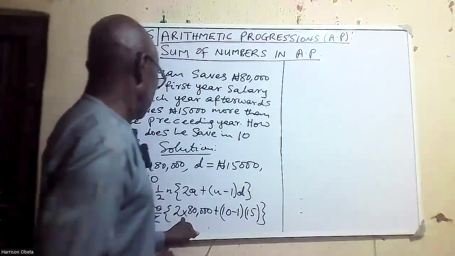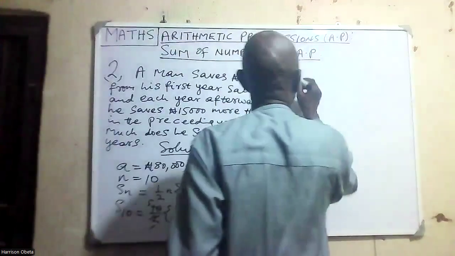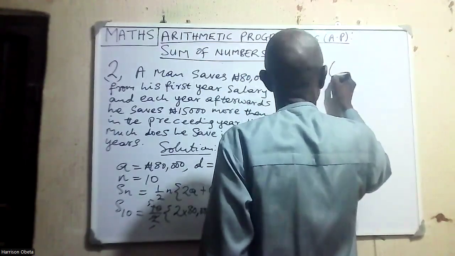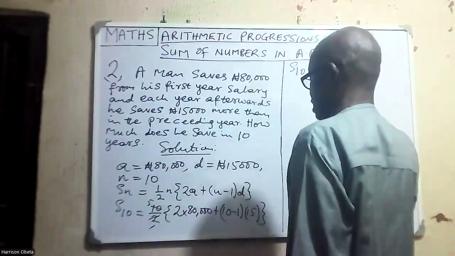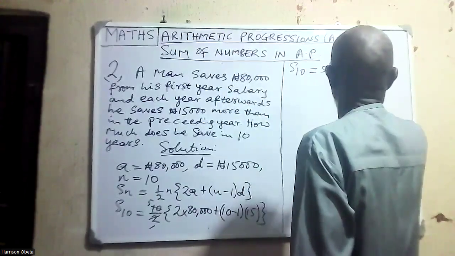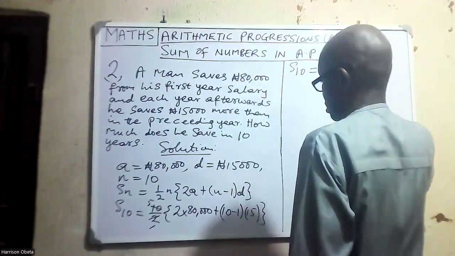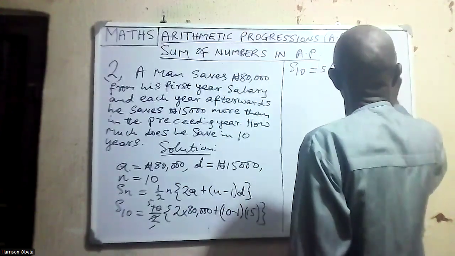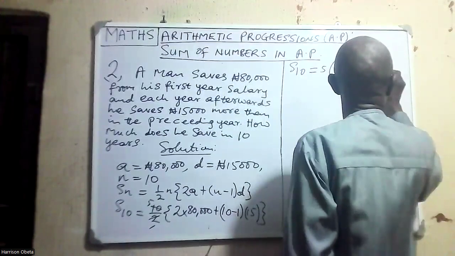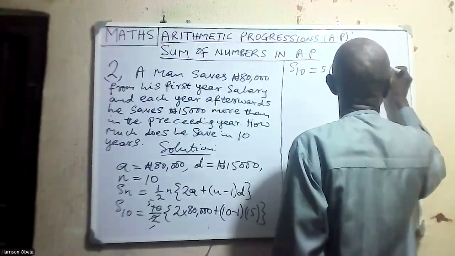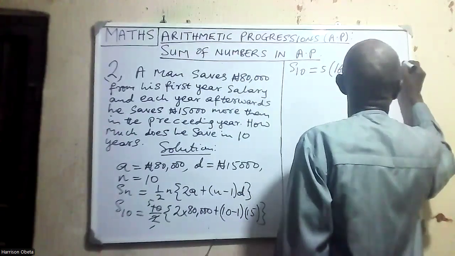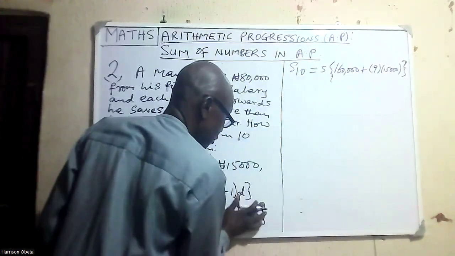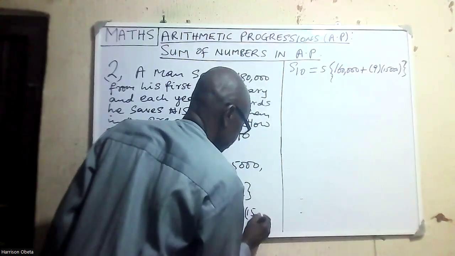And multiplying this, we have S10 is equal to 5 brackets, this will give us 160,000, then plus 9 times 15,000. Now this one is not 15, but 15,000.